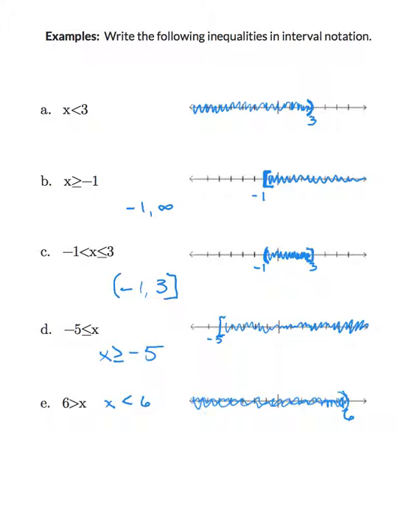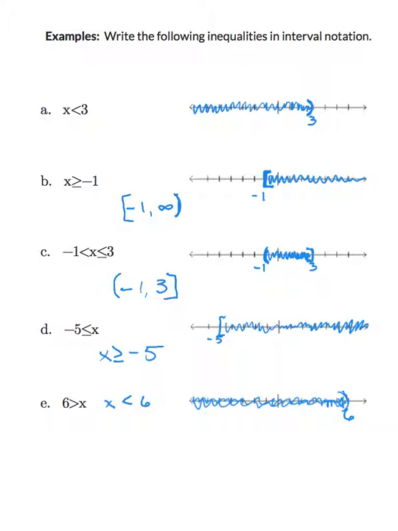Now that we have our leftmost and rightmost values, we want to put in our parentheses and brackets. For -1, we had a bracket on our number line, so we're going to have a bracket in our interval notation. Infinity, remember that you cannot equal infinity, and so you cannot use a square bracket around infinity. This is going to be a parenthesis. There is your interval notation.